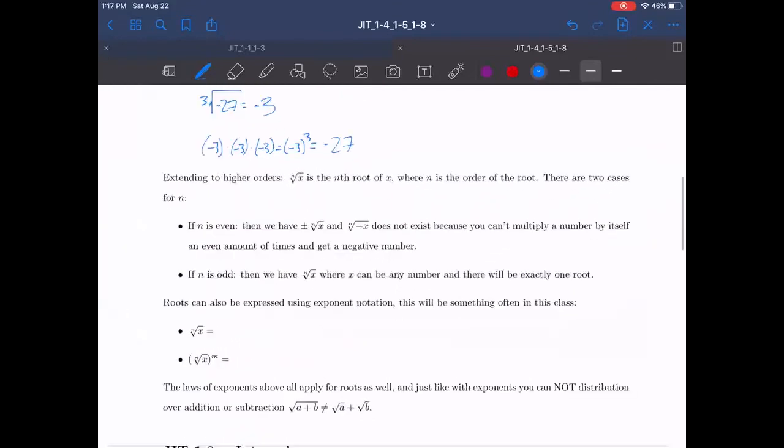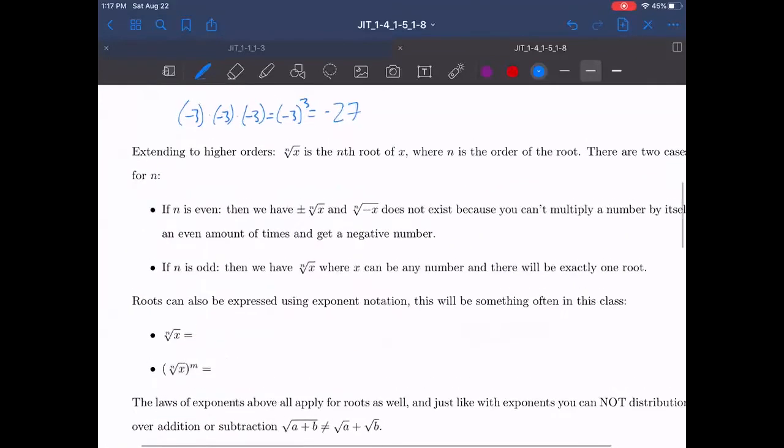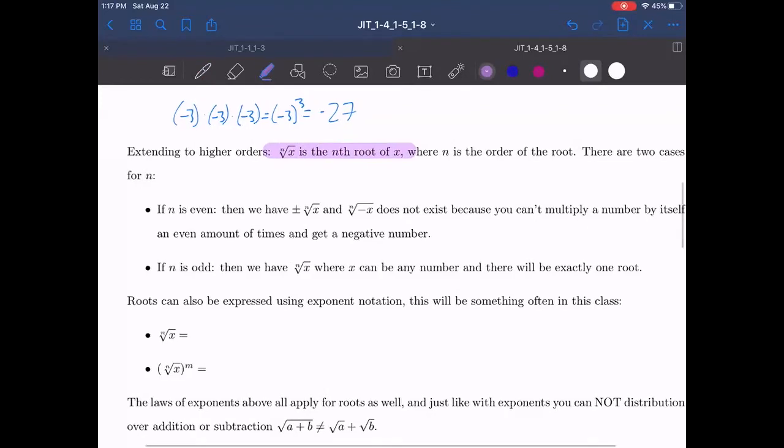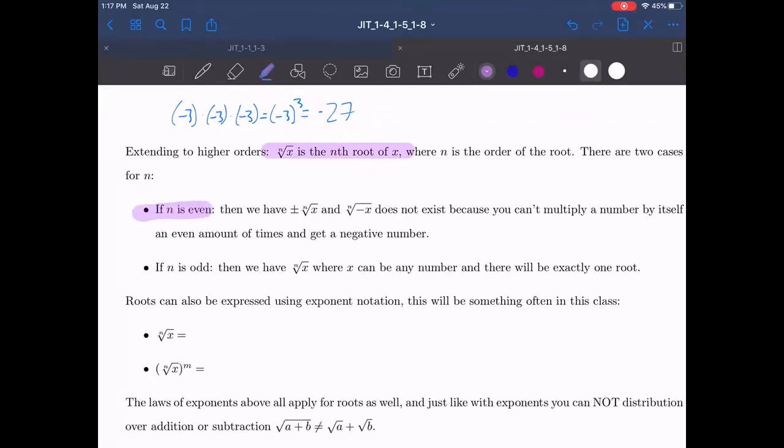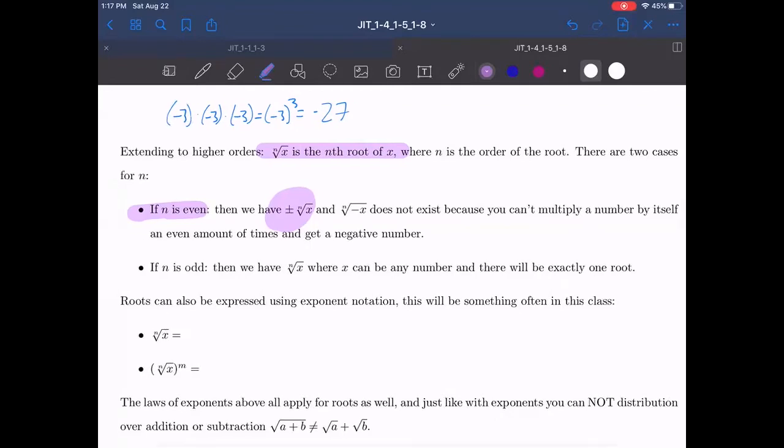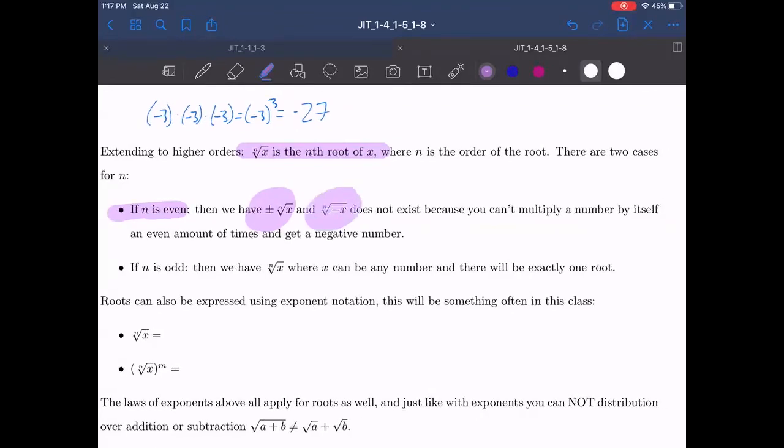So if we break it down into 2 cases, if we've got the nth root of x, there are 2 cases. If n is even, like a square root, then our answer will always be positive or negative, whatever that nth root is. Now, when n is even, we cannot have the nth root of some negative.